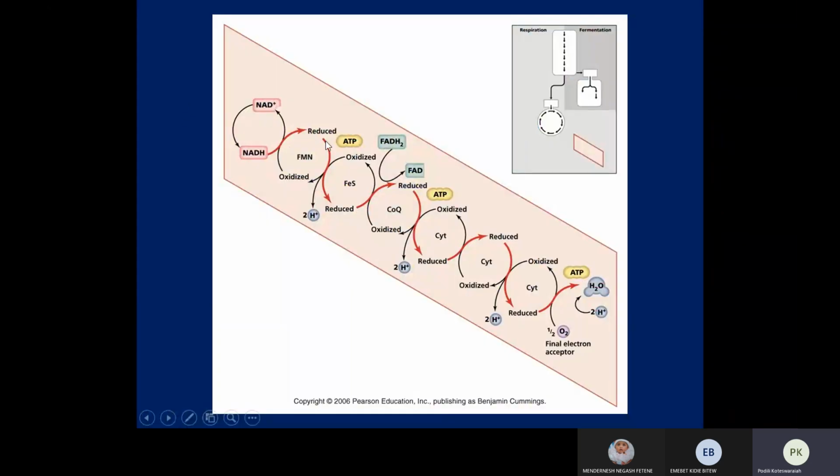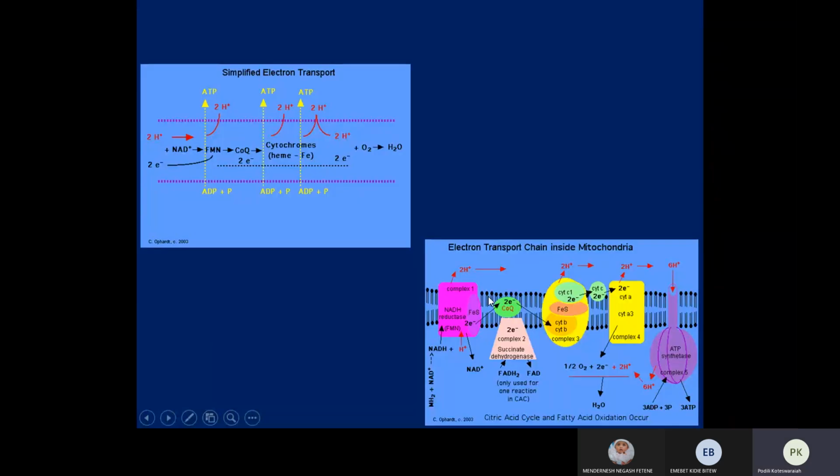That facilitates the unidirectional transfer of electrons from NADH and FADH2 to the molecular oxygen, and this molecular oxygen is reduced to water.